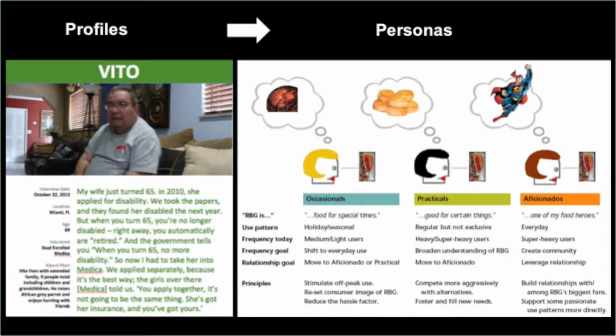Aficionados are people who may just use this as a raw ingredient, like they're making chicken pot pies and whole new creations based on using the dough as a raw ingredient in whatever it is they're trying to make. Each one of these people tells us something different about how we might message to them, how we might build a different type of relationship with them, and even how we might design our product to suit their individualized needs.